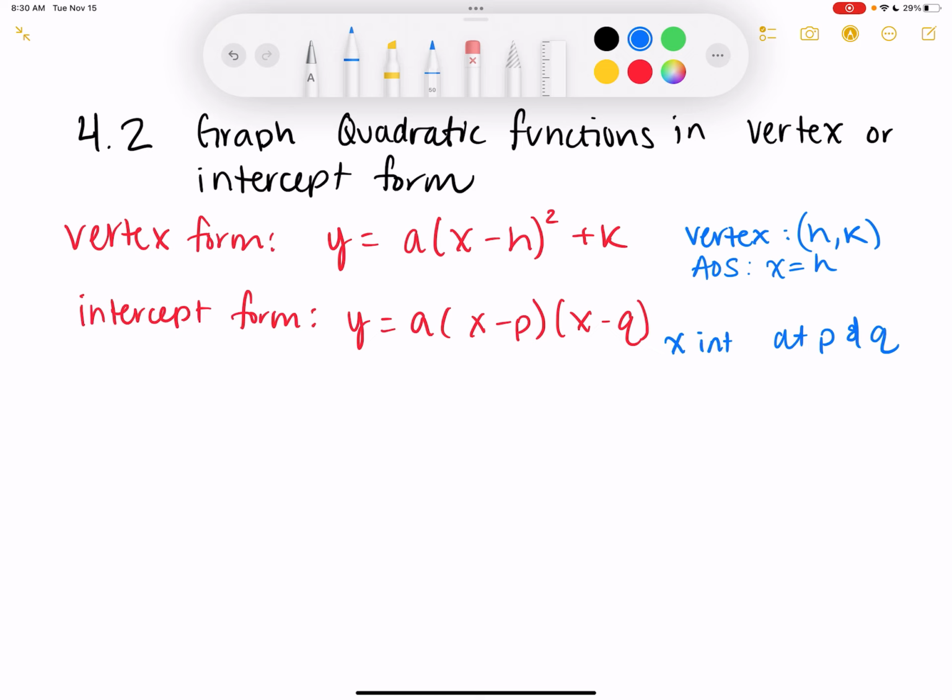And then your axis of symmetry is halfway between those values, so it's at (p plus q) over 2. And same stuff applies. If it's positive, it opens up. If it's negative, it opens down. Your vertex you find by plugging in this point and solving for y.